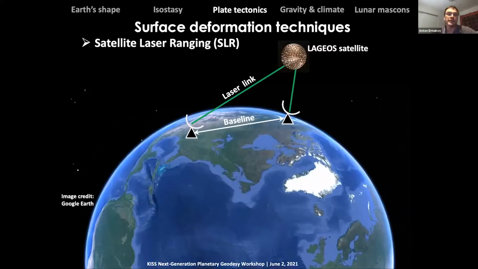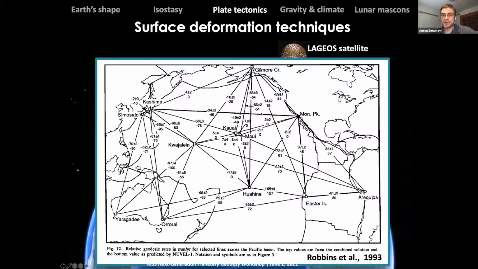The second technique was called satellite laser ranging, SLR, in which the motion of a spacecraft is tracked with a laser range measurement, which also allows calculating the baseline between the ground stations. And this is a figure from a rather old paper, which shows plate velocities in the Pacific Ocean.